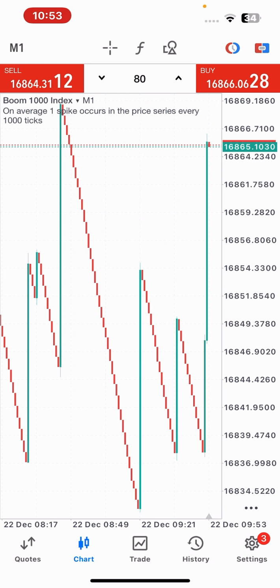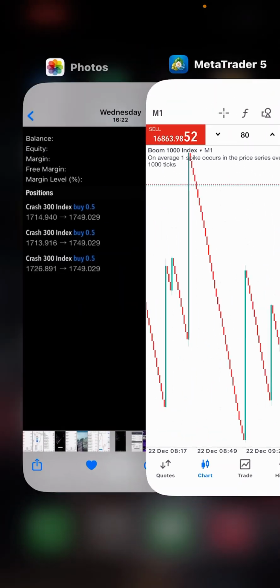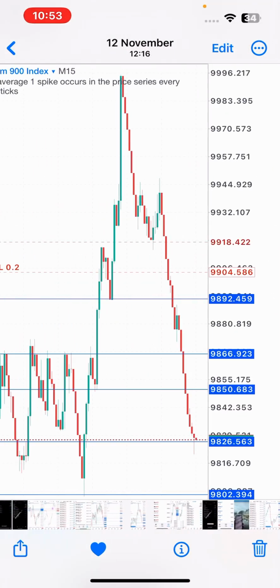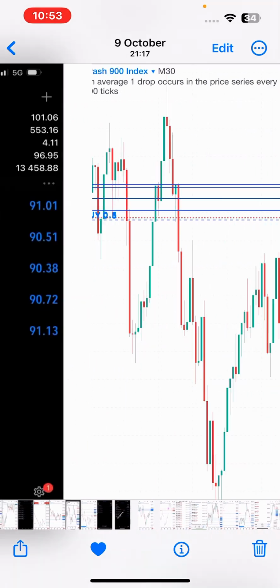You've seen the trades, the track record, the profits and everything. So I'm going to be creating a complete guide, accessible to both traders and non-traders. This guide is going to contain all the Boom and Crash analysis that you've seen.